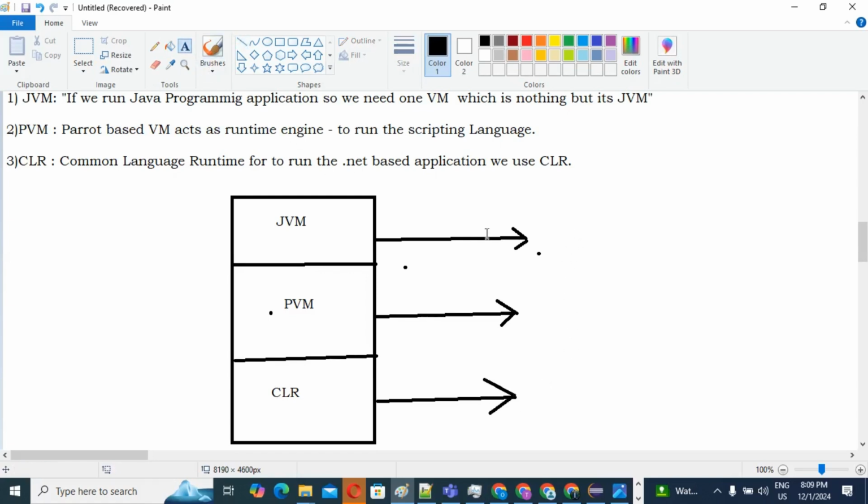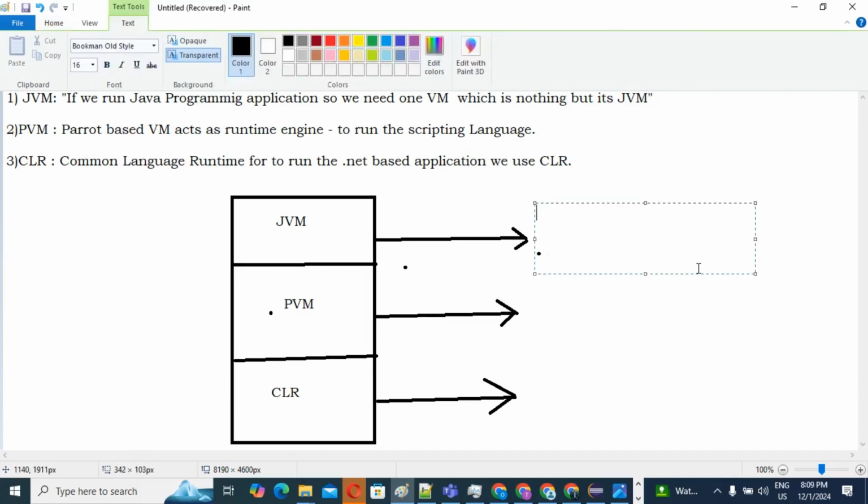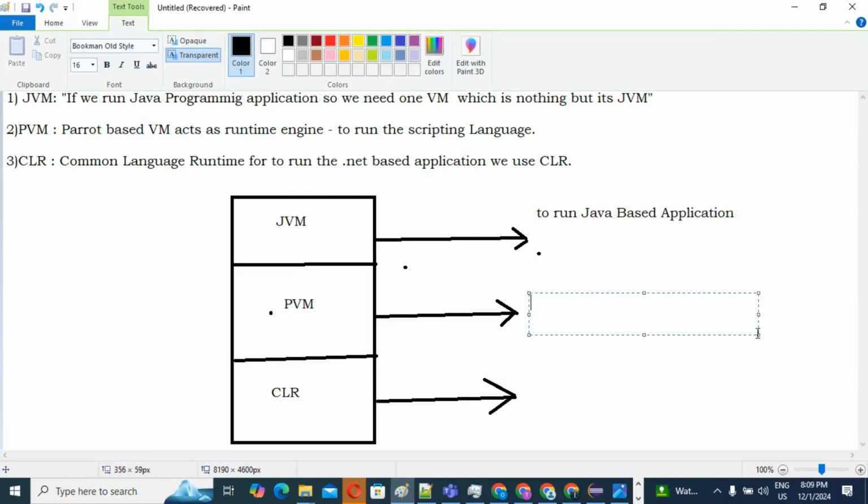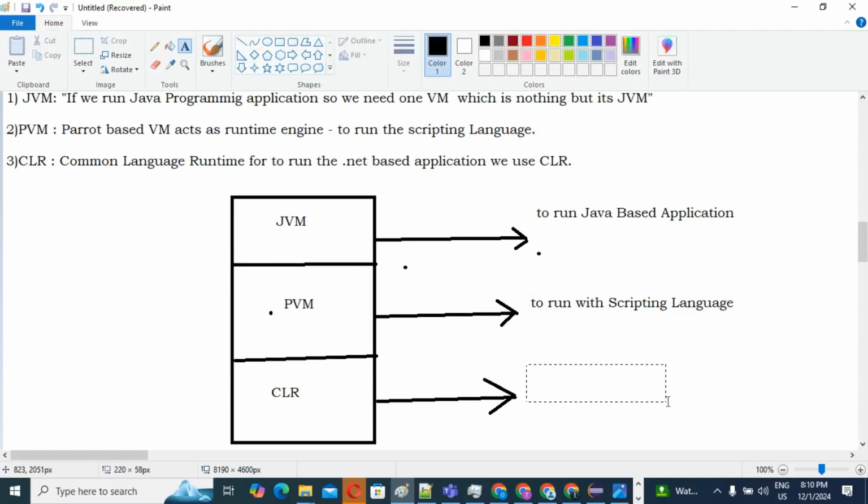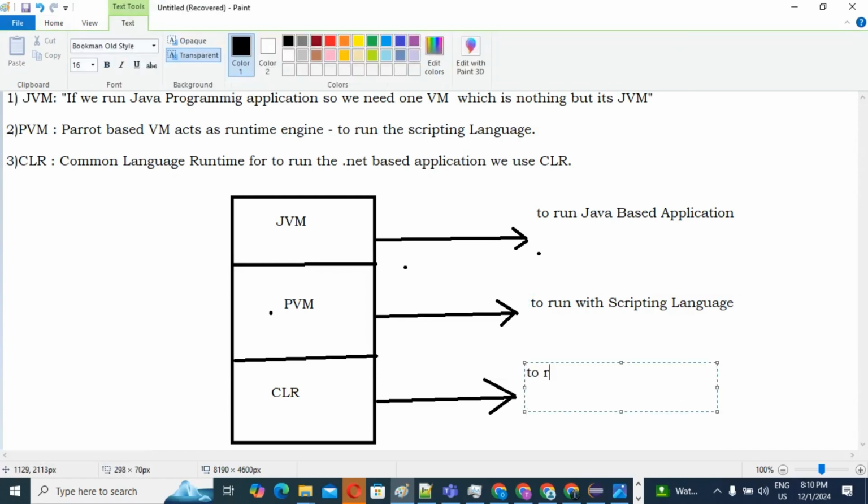So with JVM we run Java based applications, with PVM a scripting language, and with CLR .NET. Yes or no?